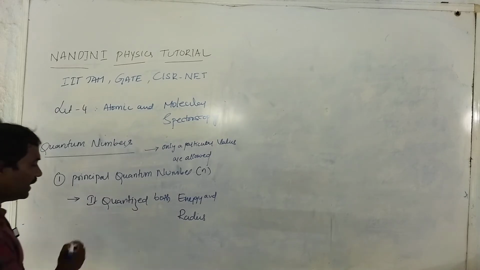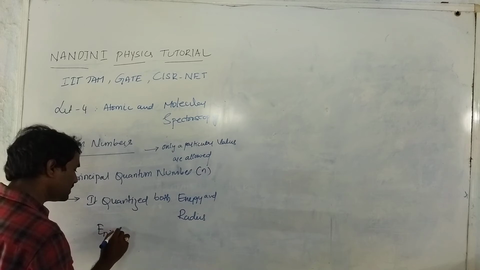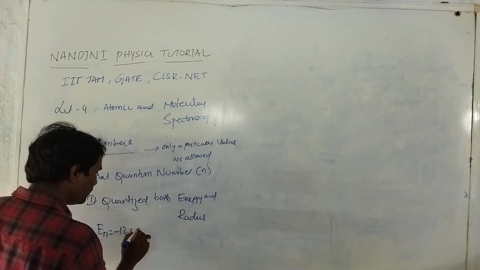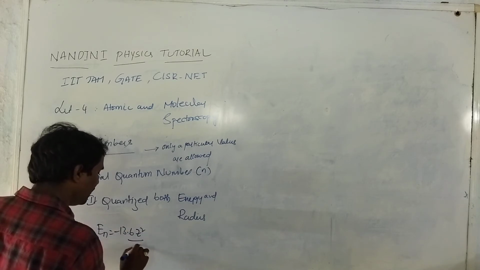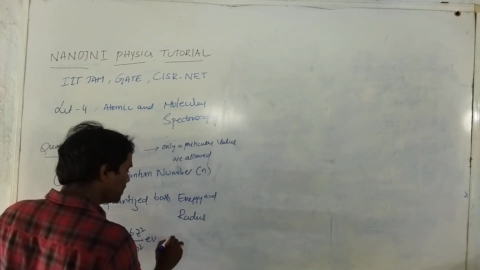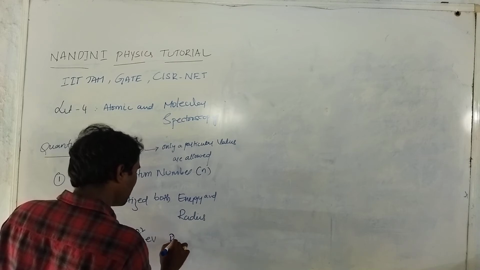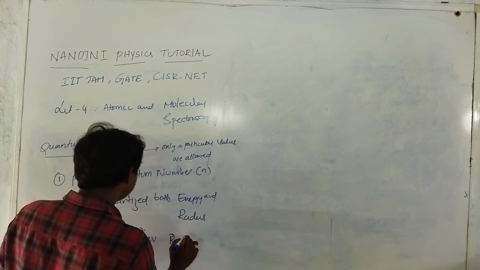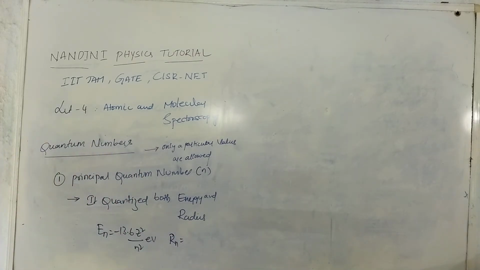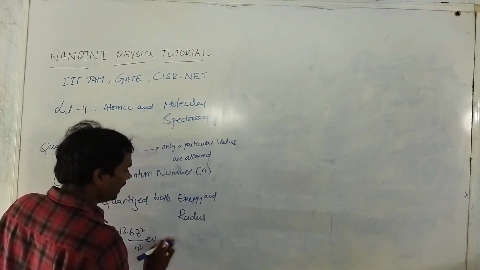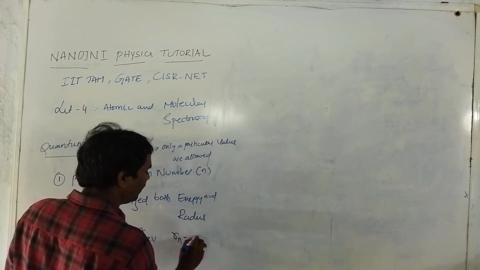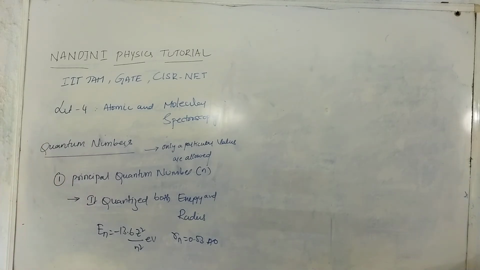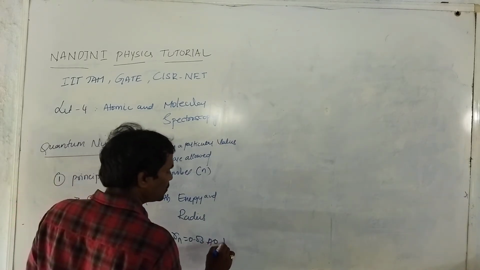The energy is En equal to minus 13.6 Z square by n square electron volt. And the radius Rn is equal to 0.53 angstroms into n square by Z square.